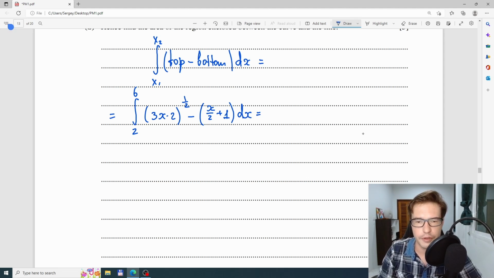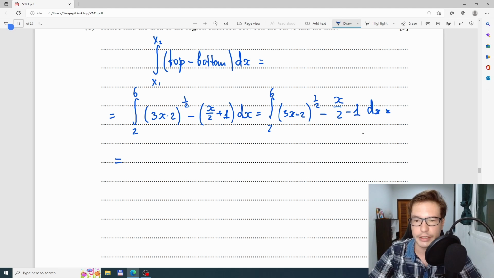Okay, so first off, I just want to expand the brackets. The integral from 2 to 6 of (3x minus 2) to the power of a half minus x over 2 minus 1 dx.